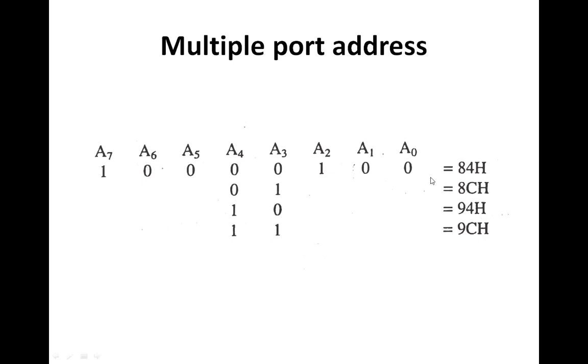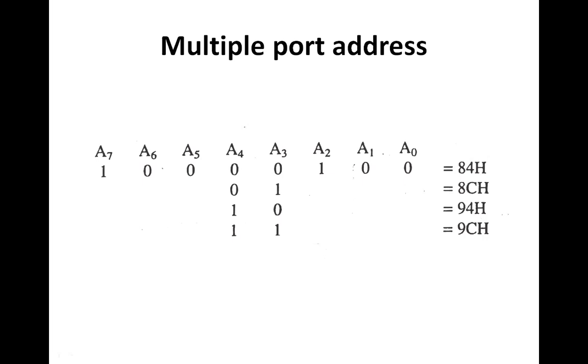In the first case, the address will be 84. In the second case, the address may be 8C. In the third case, the address may be 94. In the fourth case, the address may be 9C. So in this don't care condition, A3 and A4 can have any value, and depending upon them we can get multiple port addresses of the device.